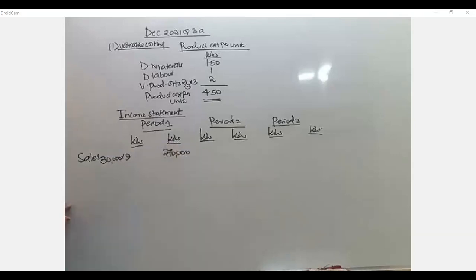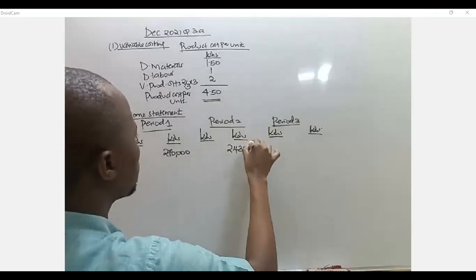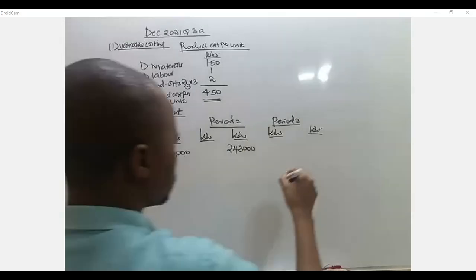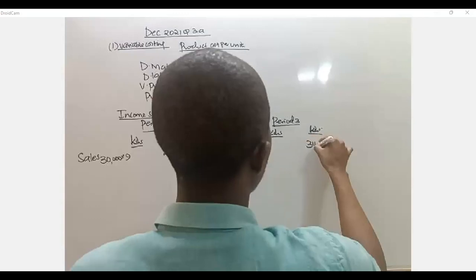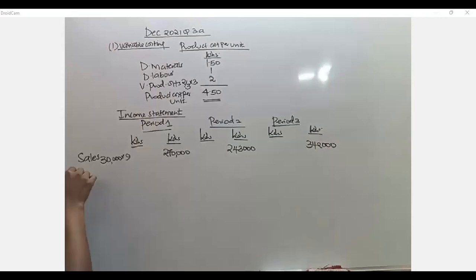For the second period, we were able to sell 27,000, multiplied by 9, coming to 243,000. Then the third one is 38,000 times 9, getting 342,000.